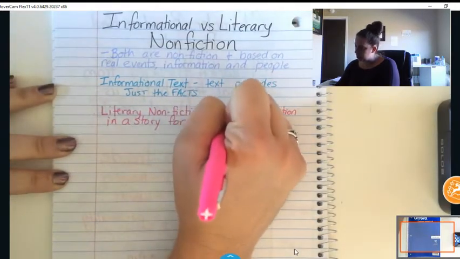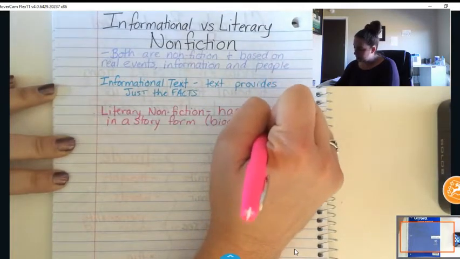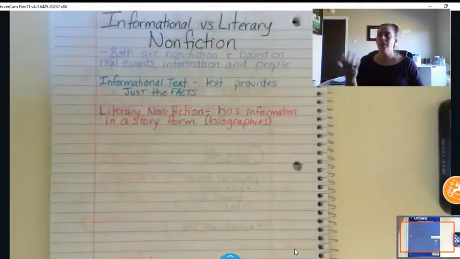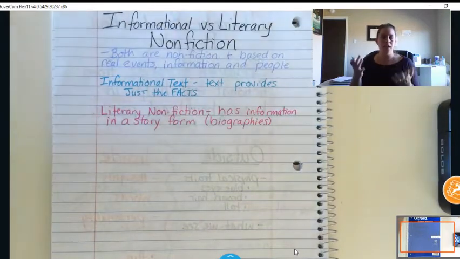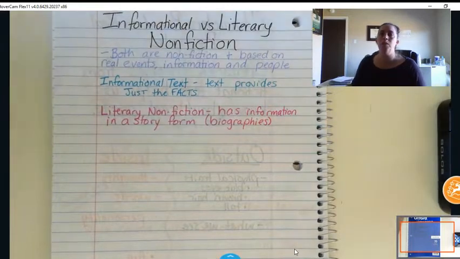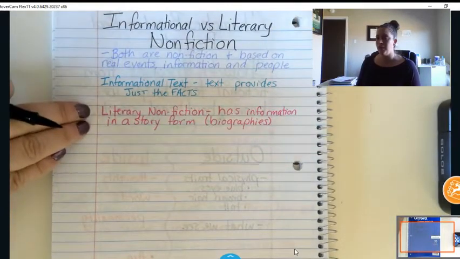Most often you will see these as biographies or even autobiographies. So if you guys remember, a couple of lessons ago, we did our compare-contrast chart, and we used a text structure in order to compare two things. Well, we're comparing informational text and literary nonfiction text.